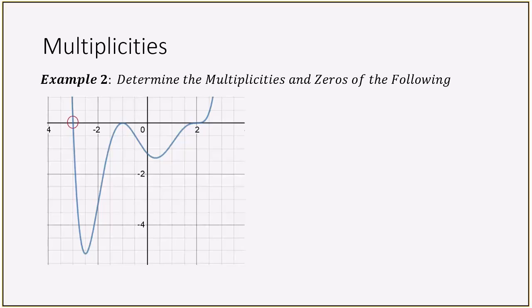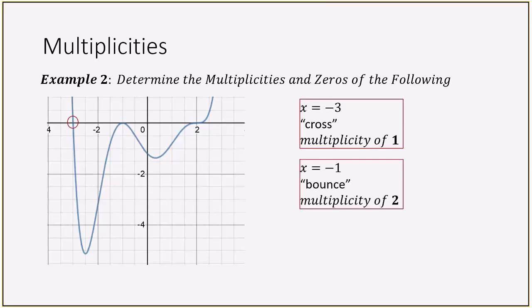So let's start with negative 3, 0. Okay, well that's just a straight line crossing through that x-intercept, crossing through that x-axis. So if it's crossing through, that means it will have a multiplicity of 1. My next point is my x-intercept of negative 1, 0, and it clearly bounces off of that intercept.